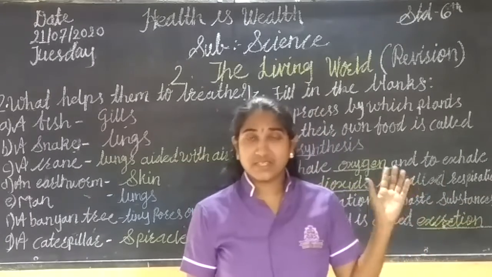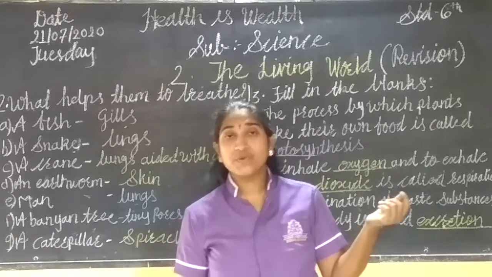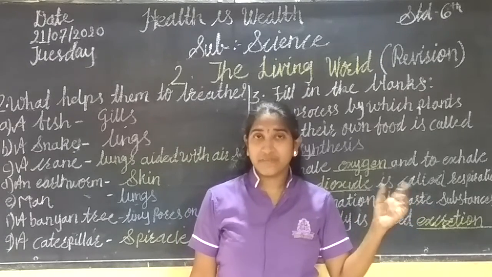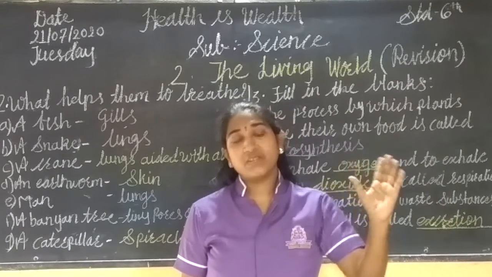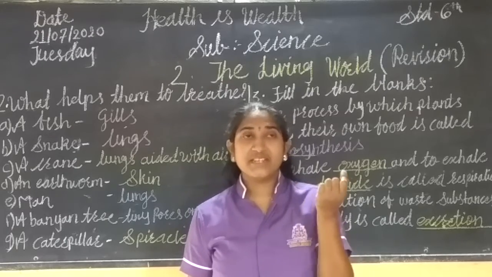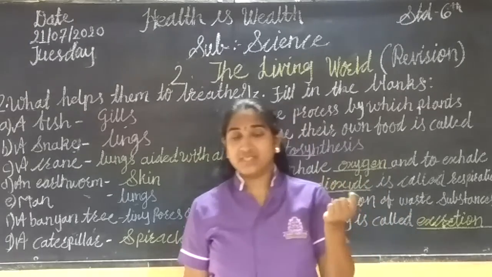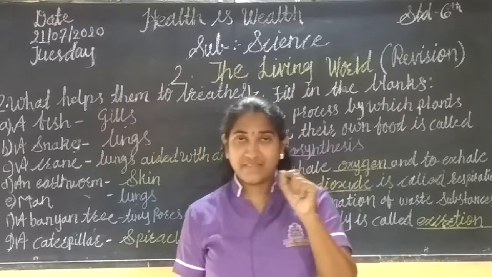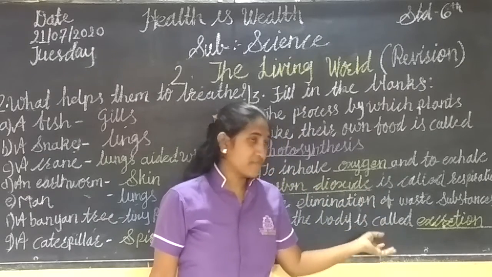The same thing happens in plants also. As in the gum tree we know, right? In the babul tree this process occurs, as it eliminates one substance that we call gum, a sticky substance. That is excretion.